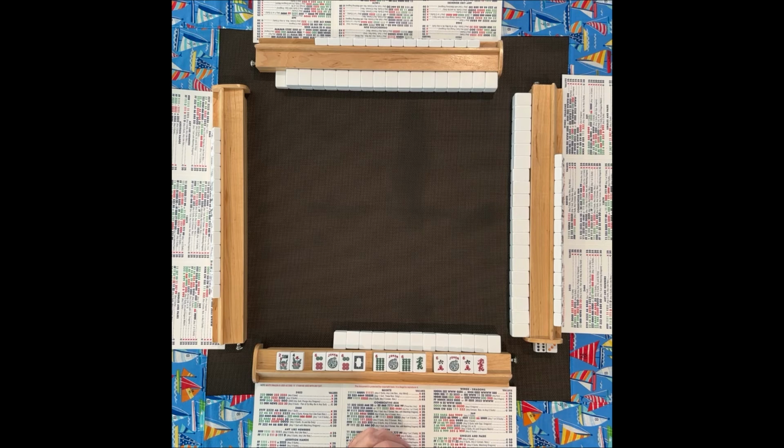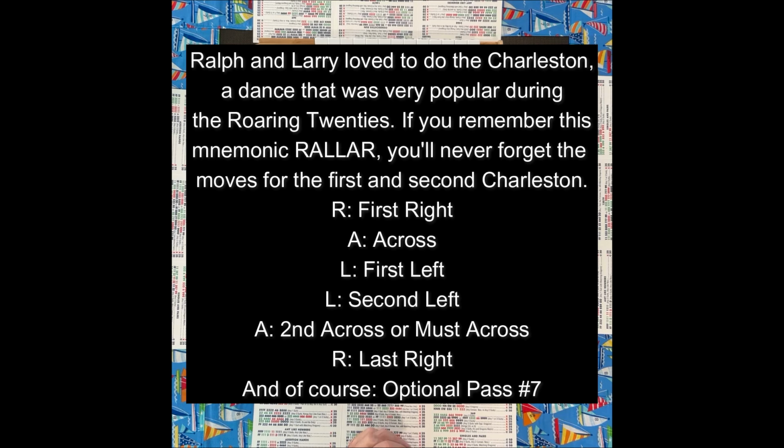And it just so happens that brother Larry's first 3 initials, L-A-R, represent the second Charleston: second left, across, and last right. And then, of course, we're left with the optional across pass. This will be an easy way for you to remember the Charleston moves. Think about the story of Ralph and Larry, and you'll have no problems remembering R-A-L and L-A-R.